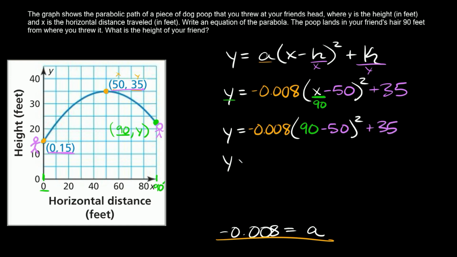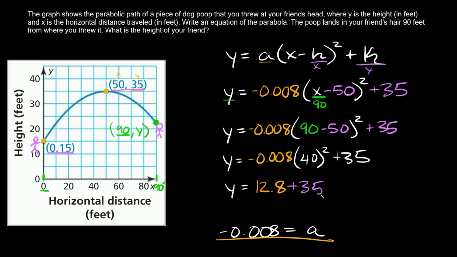Then simplifying this further, we get that y is equal to negative 0.008 times, in parentheses, 90 minus 50, which is equal to 40. So we get 40 squared right there plus 35. Let's see, 40 squared is equal to 1600, and then 1600 times negative 0.008 is equal to negative 12.8, right?